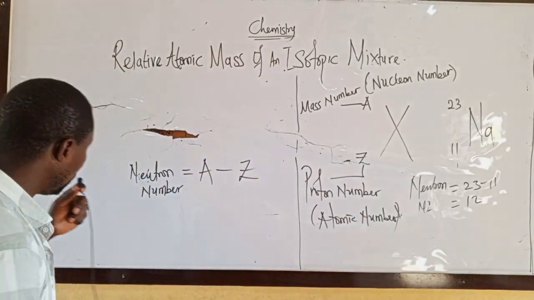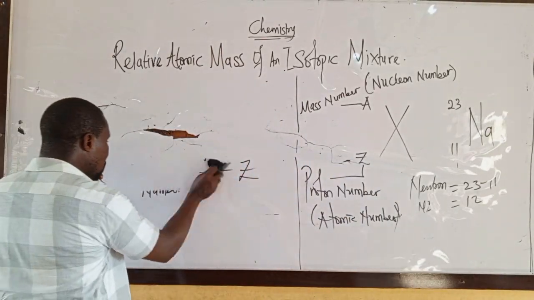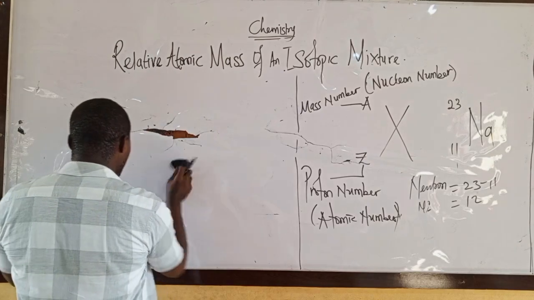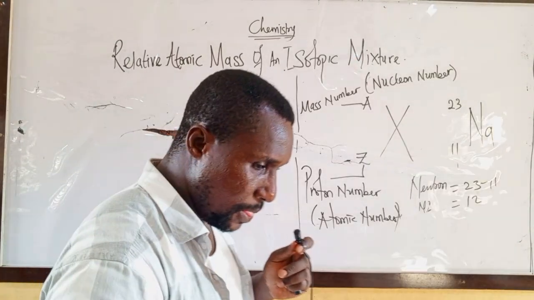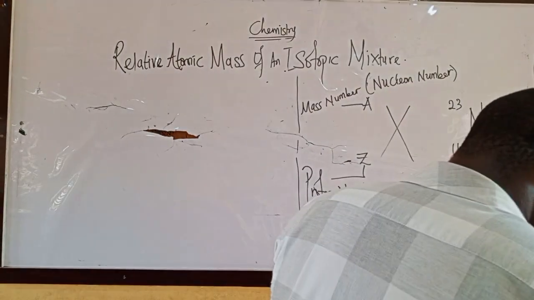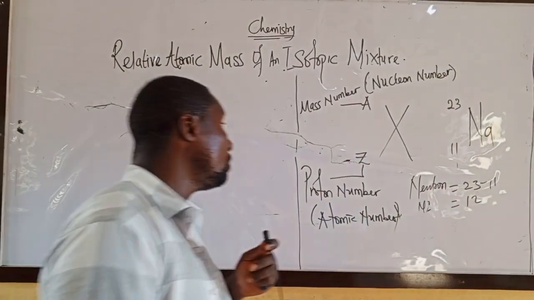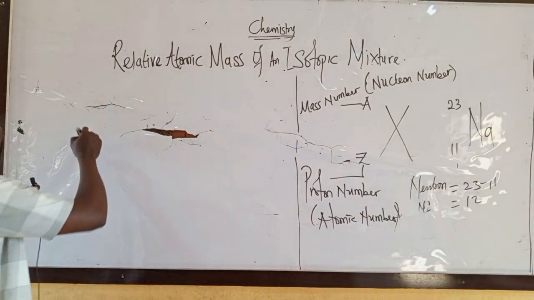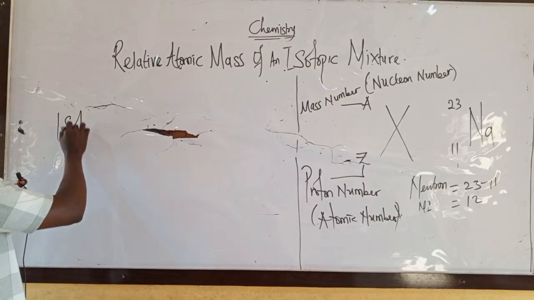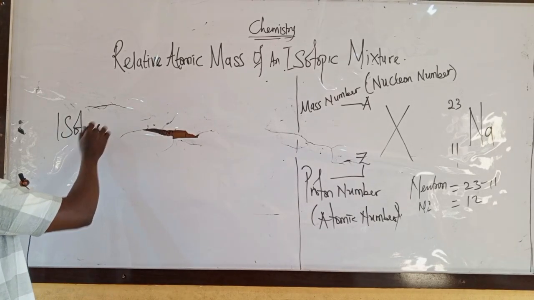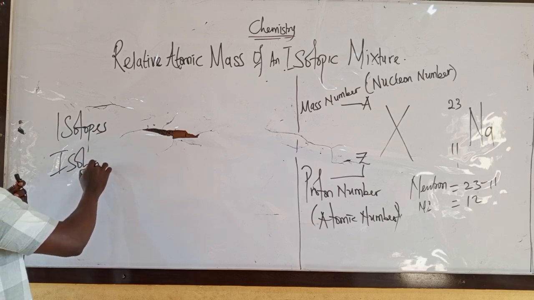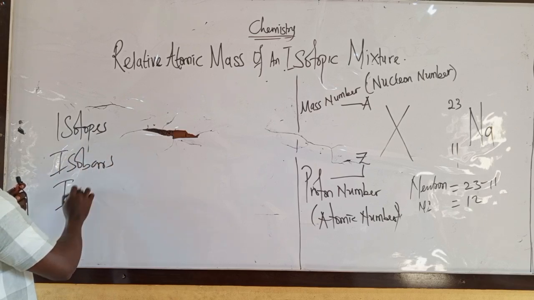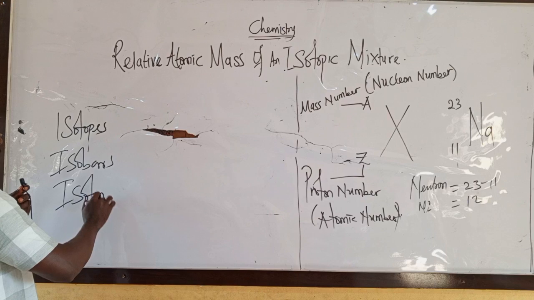Then let us move further. Before I move further into the topic, you have to know the meaning of isotope. Let me quickly explain isotopes, isobars, and let me explain isotope.